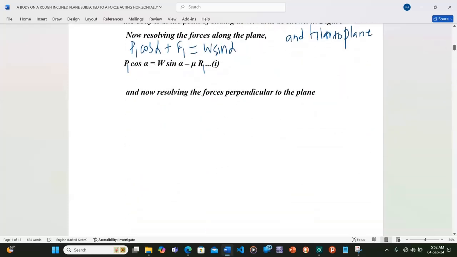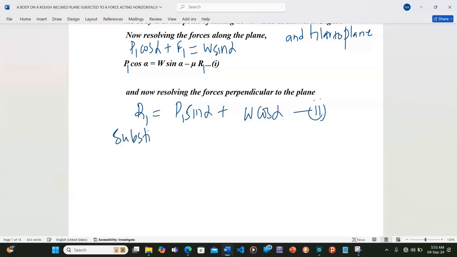So we will have R1, which will equal to P1 sine alpha plus W cos alpha. So can I substitute this equation 2 in 1? Yes, because I can substitute for R1 in equation 1.